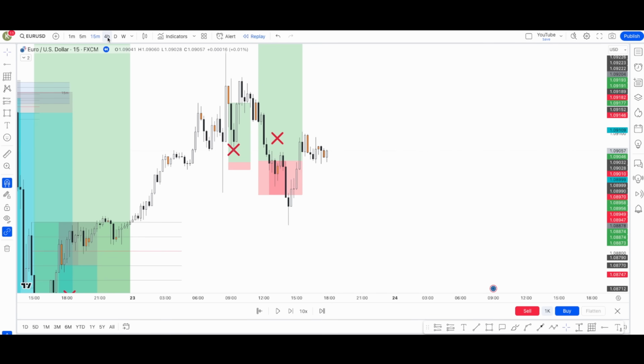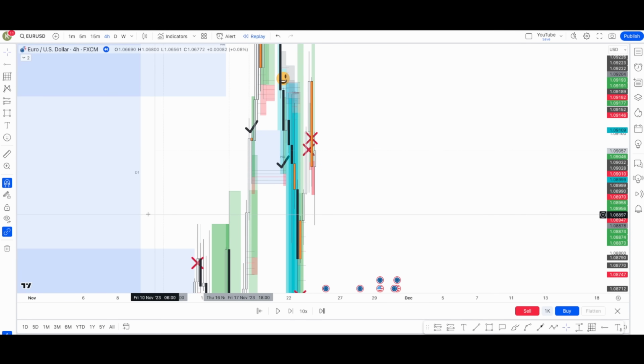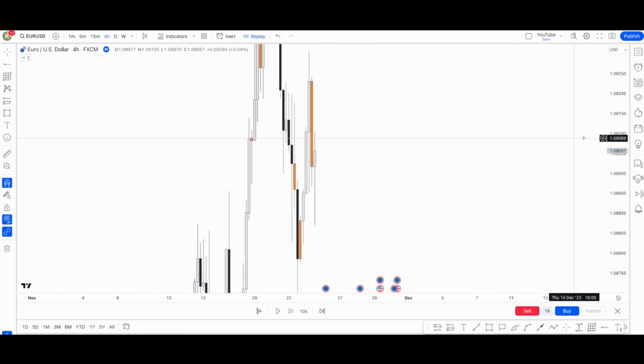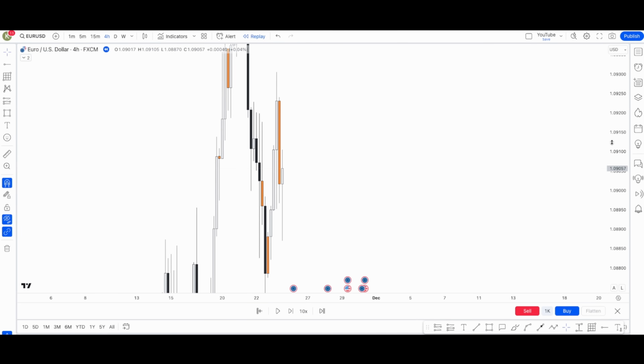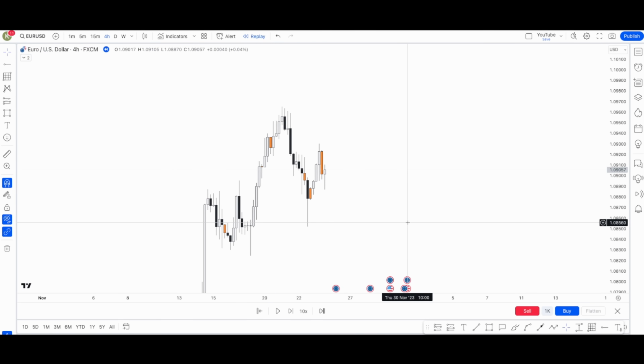Right, I'm going to jump to the H4, see what's happened, because it's looking quite wicky. Yeah, okay, quite a big range. I think I remember saying that this was quite a big range, so range there, range there.